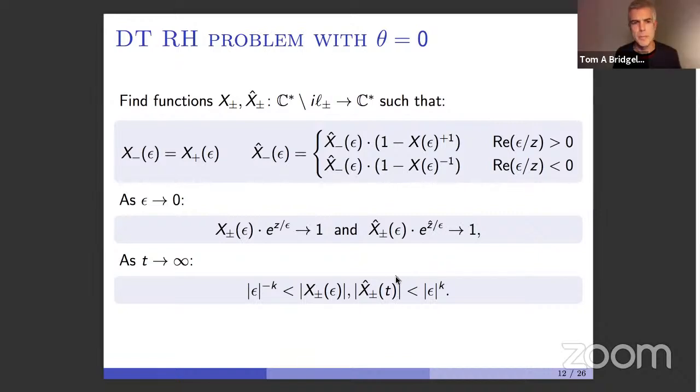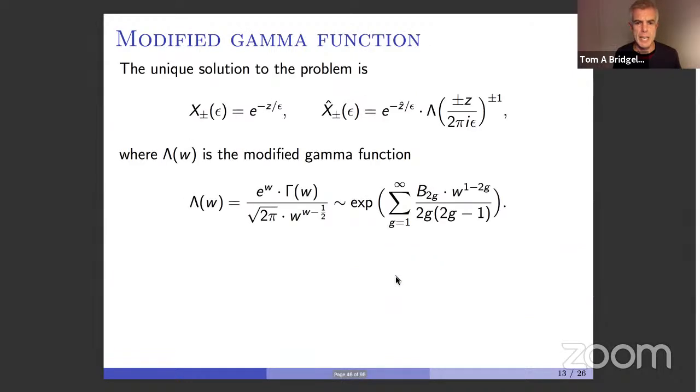Right, so that's the problem. And the point is it has a unique solution. X is not very hard to get because it doesn't jump, right? So it's just equal to its asymptotics. That's easy enough to see. The other guy is the gamma function, essentially.